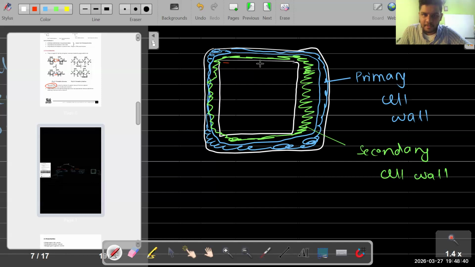The plasma membrane looks like this. The red part is the plasma membrane. Is that clear?